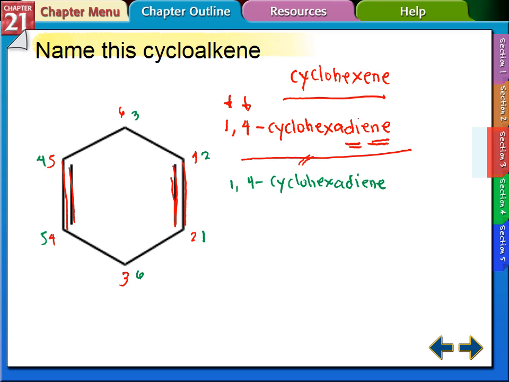Also, if we start counting here, 1, 2, 3, 4, 5, 6, we still have 1,4-cyclohexadiene. So as a matter of fact, the name of this cycloalkene is 1,4-cyclohexadiene.